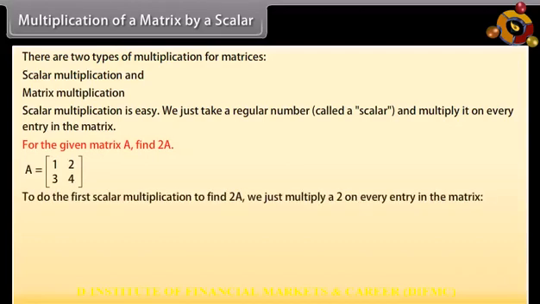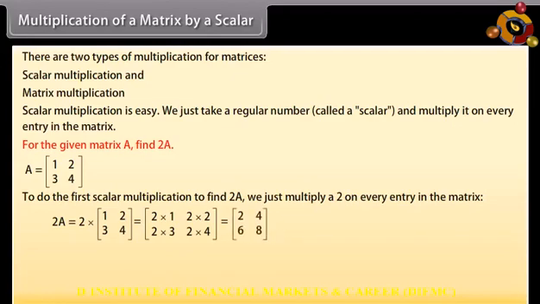To do the first scalar multiplication to find 2A, we just multiply a 2 on every entry in the matrix. 2A is equal to 2 times the matrix with first row 1, 2 and second row 3, 4, which equals the matrix with first row 2 times 1, 2 times 2 and second row 2 times 3, 2 times 4, which equals the matrix with first row 2, 4 and second row 6, 8.